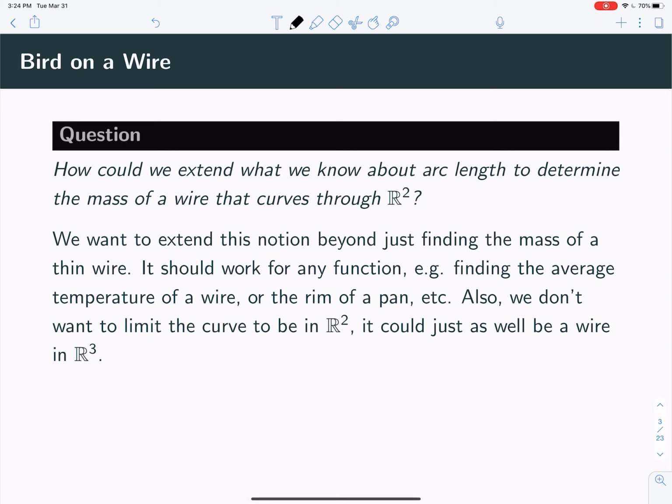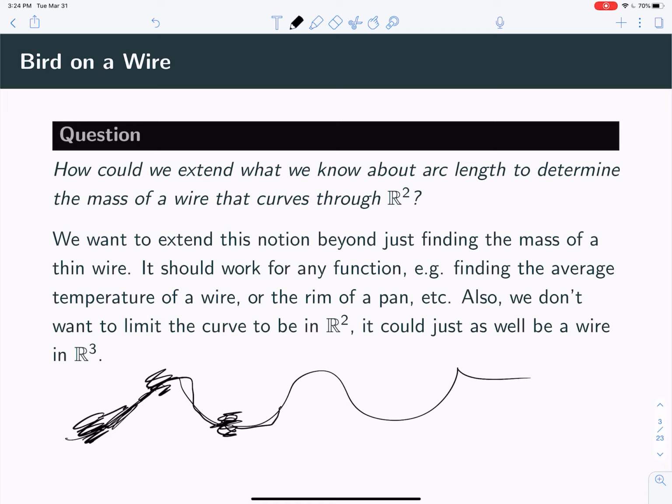And so what we want to do is think about how we could use arc length to think about, say, the mass of a wire or something like that. Maybe you've got some wire, and that wire is thicker in some places and thinner in other places, and you want to know the total mass of that wire.